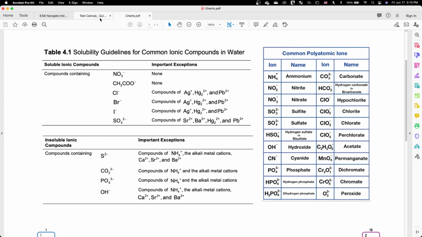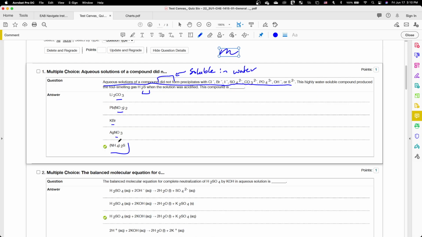If you go back to our quiz, this is ammonium sulfide. Since the only compound in the list of answers that has sulfur is ammonium sulfide, you can even look it up to make sure it actually is soluble in water.